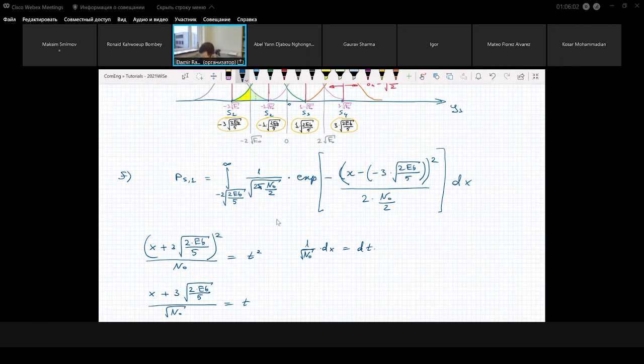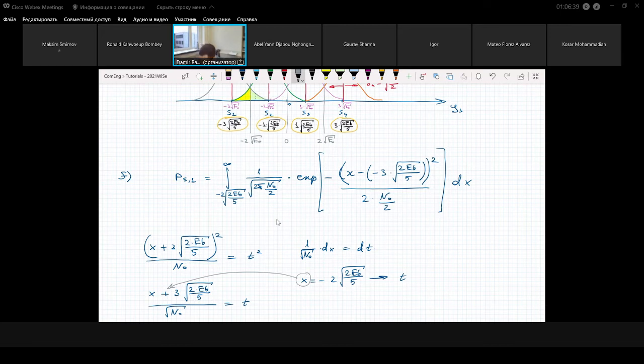This is already a result we can use, but we also need to understand what happens with the limits. If we make this replacement, we need to recalculate the limits. In the case of x, the lower limit is minus the square root of 2 EB divided by 5. When we make the replacement, we have to take this x and substitute it into the expression on the left side.